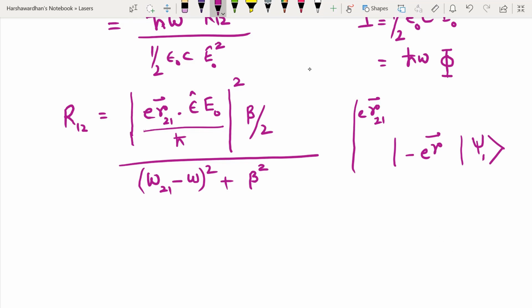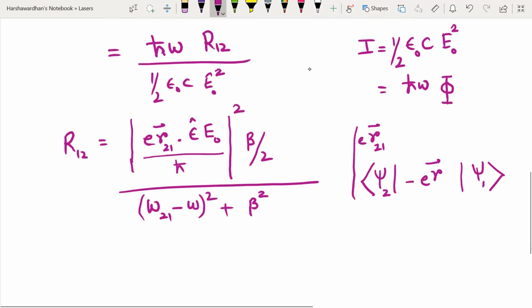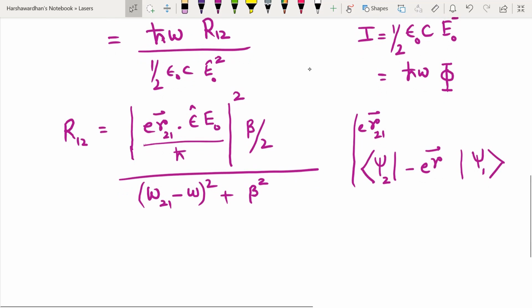This interaction takes the atom from the ground state to the excited state. So when I'm looking at the mod square of this, the interaction Hamiltonian, it captures the transition probability of going from one state to another.